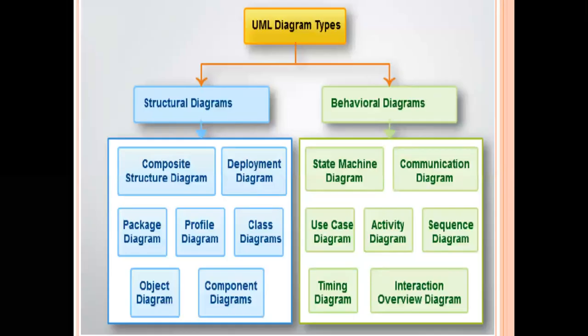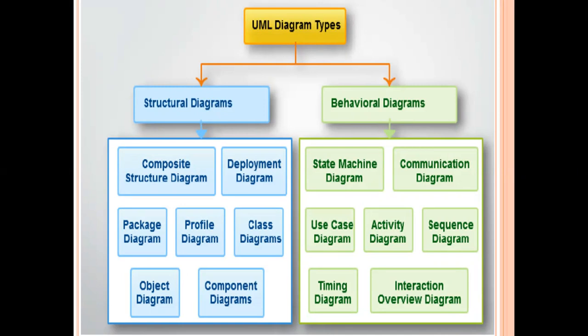There are two types of UML diagrams. First is the structural diagram, second is the behavioral diagram. The structural diagrams are composite structure diagram, deployment diagram, package diagram, profile diagram, class diagram, object diagram, and component diagram.